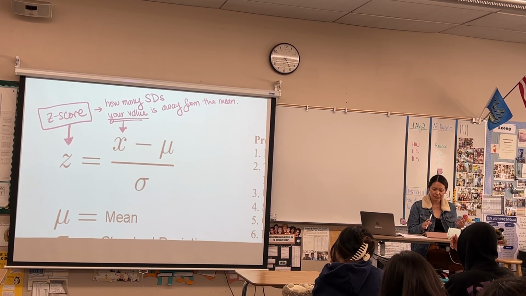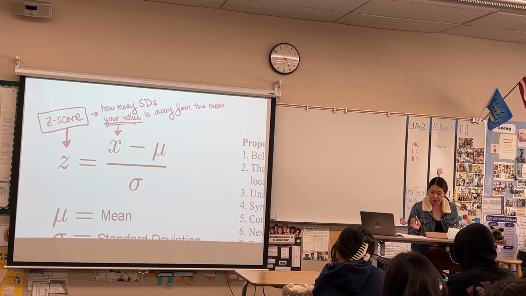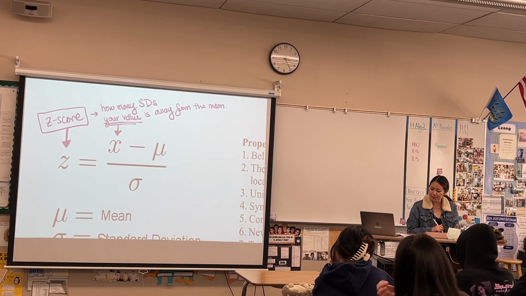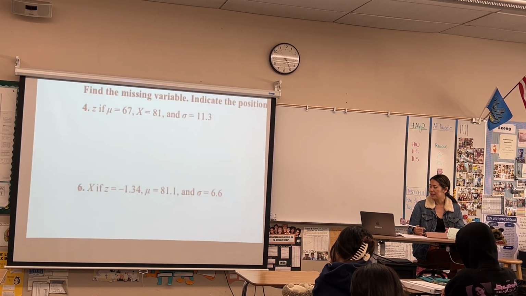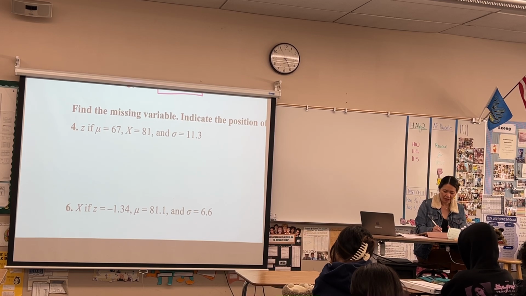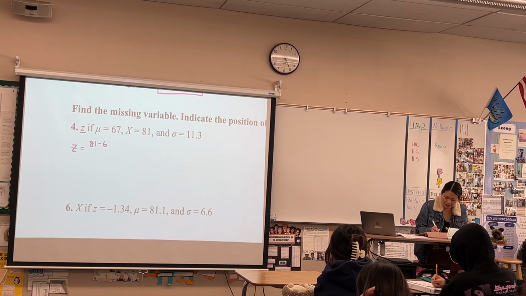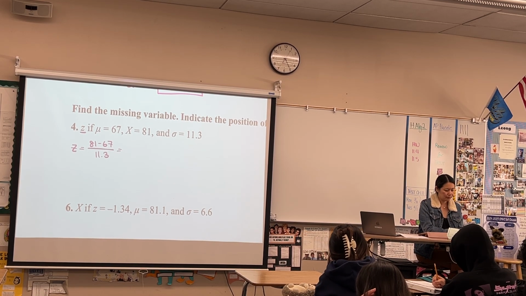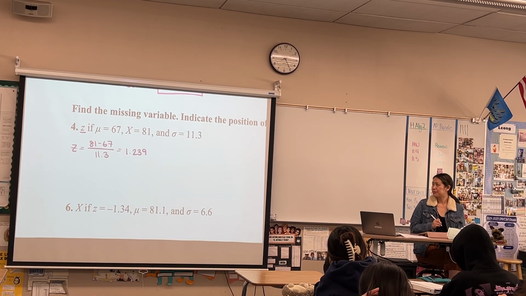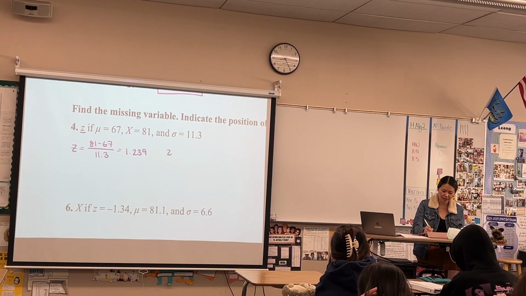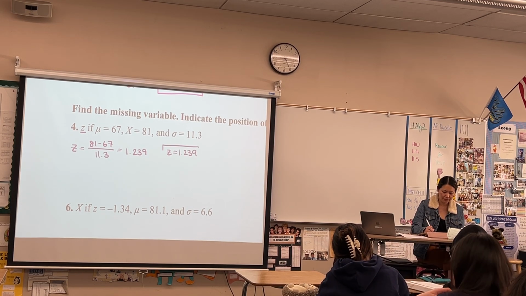For example, number 4 says find the missing variable and indicate the position of x in the distribution. I'm going to use my formula to find z. Plugging in, I get 81 minus 67 divided by 11.3, and that gives me 1.239. So z is equal to 1.239.